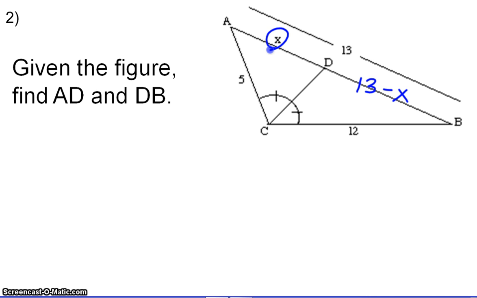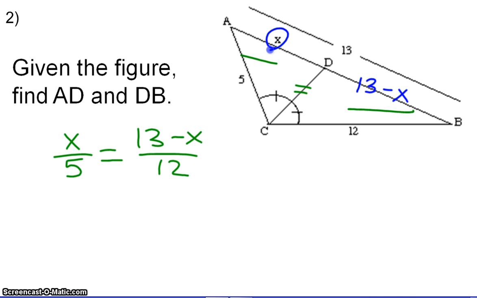So now we can set up a proportion with x over 5 from the left side of the bisector and 13 minus x over 12 for the right side. And then we can go ahead and cross multiply and solve for x.